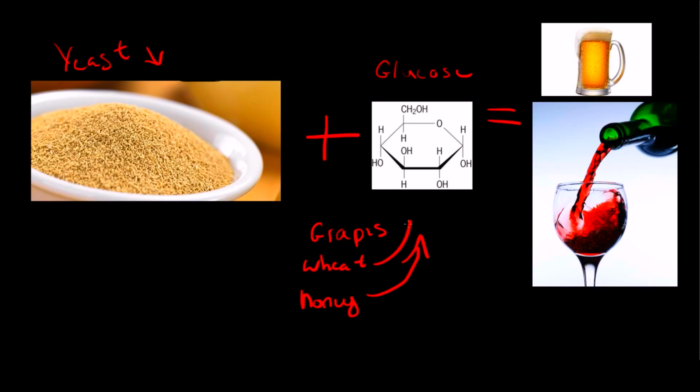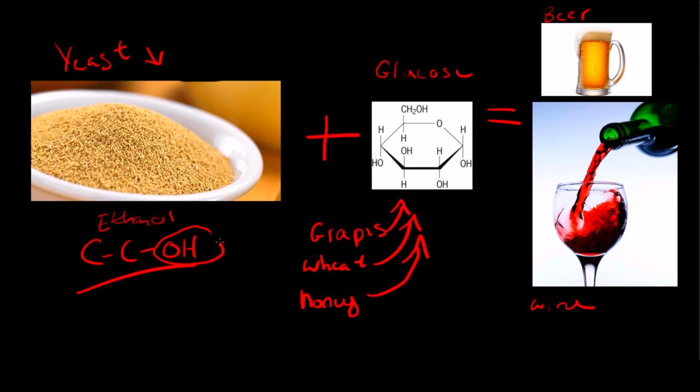Any of these, as long as they contain some glucose for the yeast to turn into energy, will produce beer, wine, any alcoholic drink, anything that has the ethyl alcohol that looks like that, aka ethanol. As you can see, there's an alcohol group at the end.